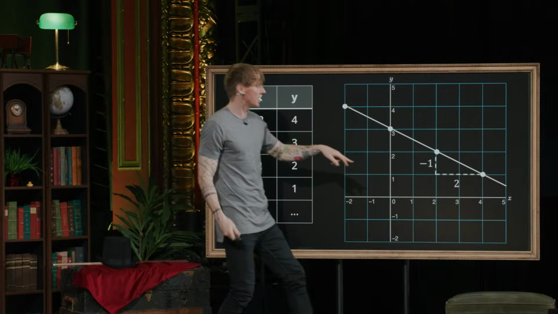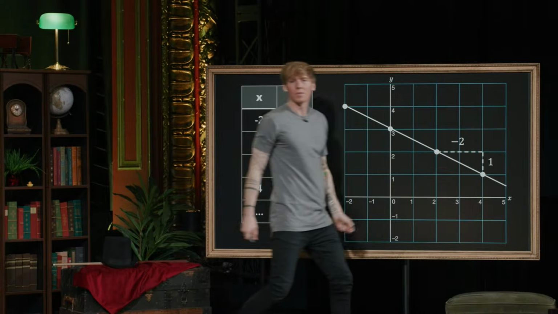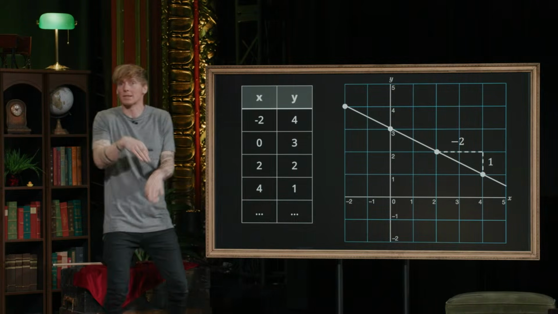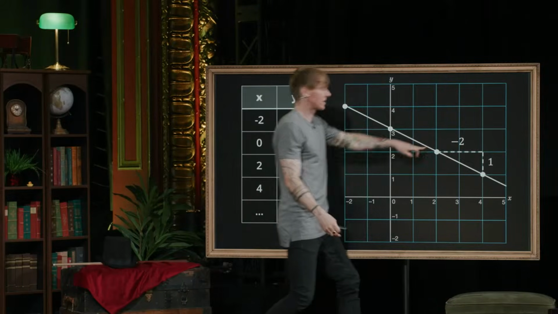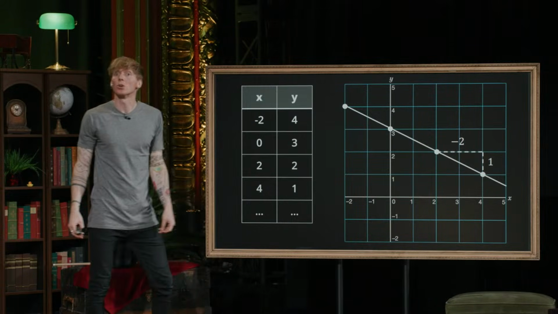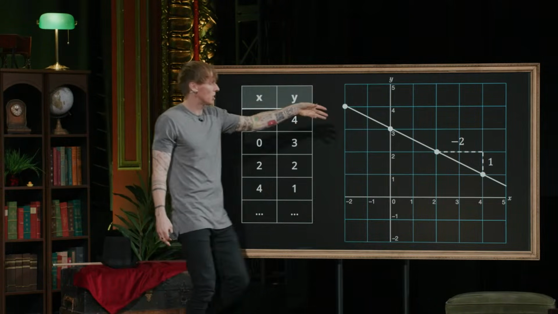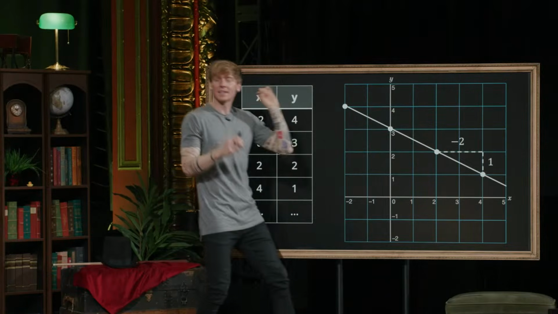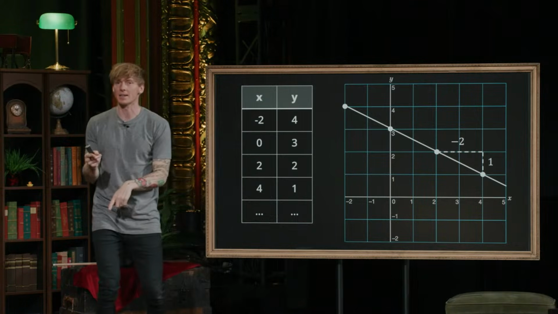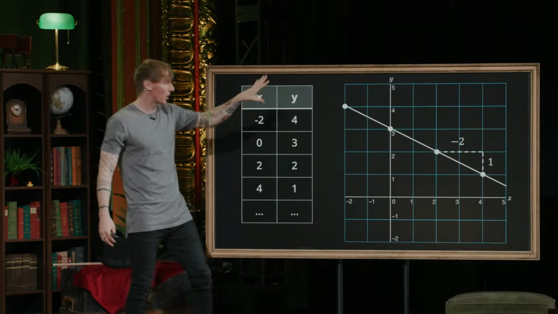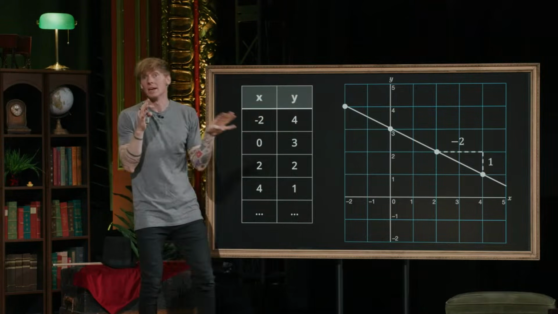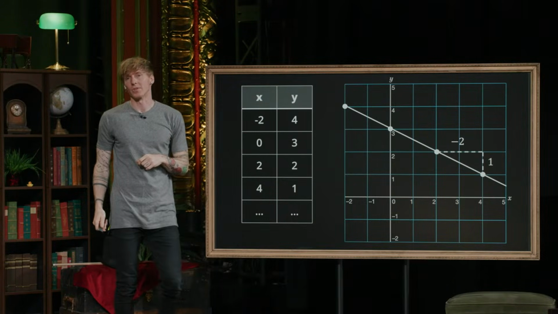But I could have equally decided to draw up from that point, and now y is going up by 1. And whilst y goes up by 1, x is decreasing by 2. You'll notice, whilst the numbers have swapped signs, they still have opposite signs, which is telling us it still has that negative gradient. So both of these are equally valid ways to think about the slope or the gradient.